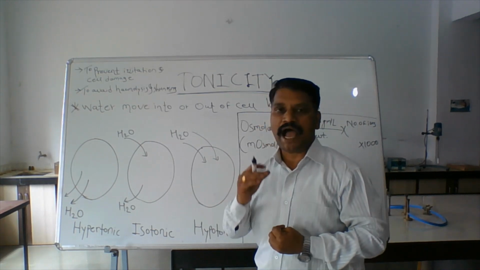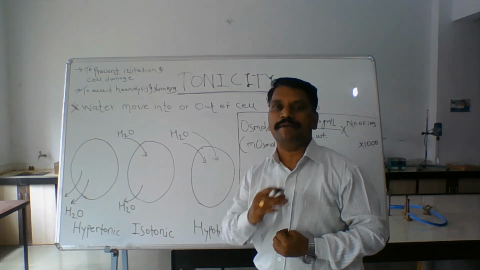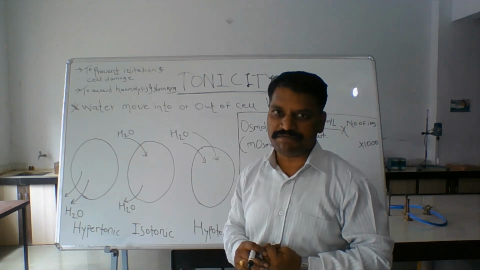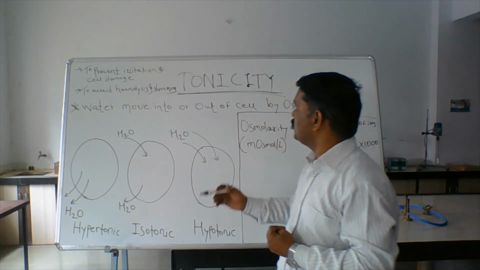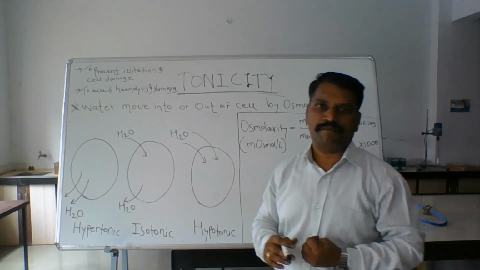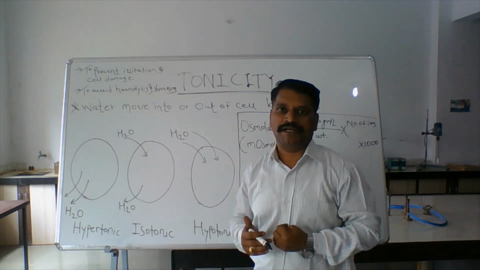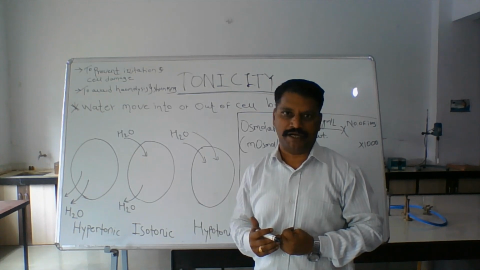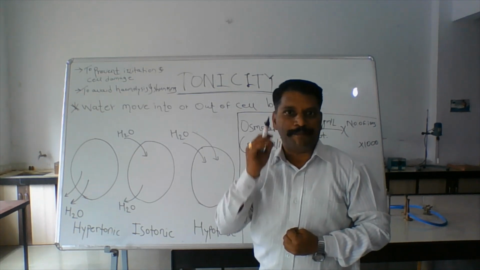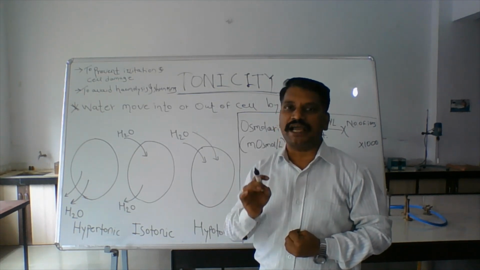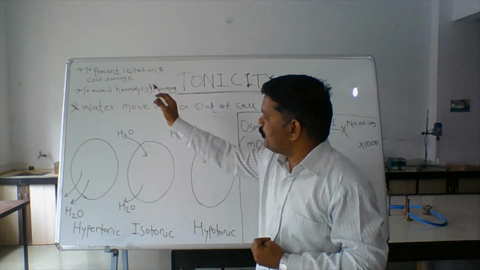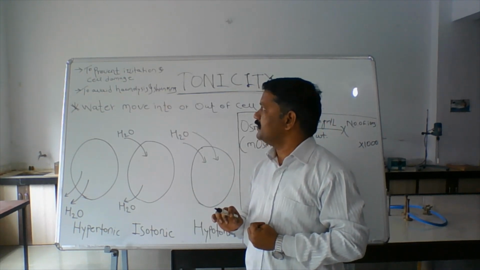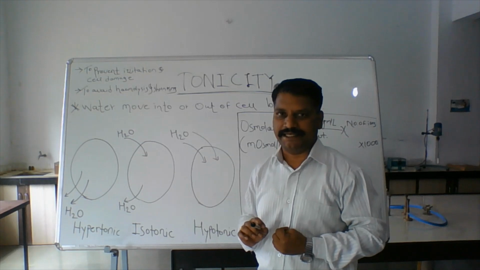Before administration of any parenteral dosage form, you should know about its tonicity. In the last lecture we already discussed the general characteristics of parenteral dosage form. The parenteral dosage form should be isotonic.